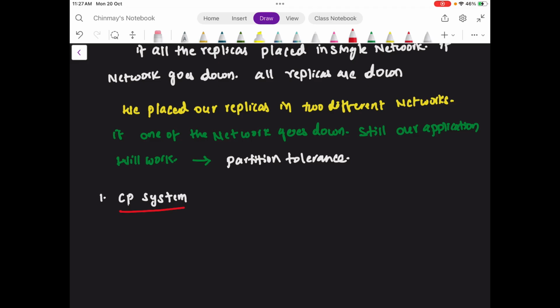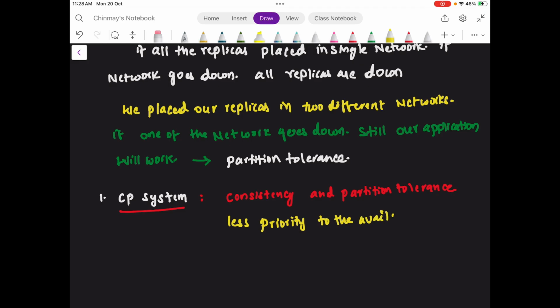CP systems. CP system priority is consistency and partition tolerance, and less priority to the availability.